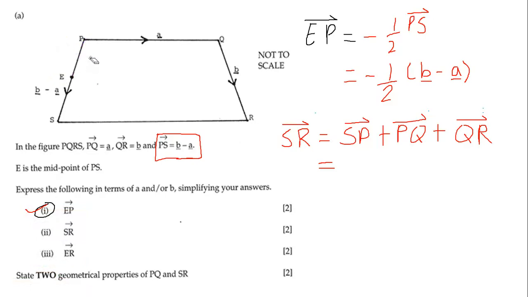PS is B minus A, but SP, let's make that very clear. SP is heading in this direction, okay? And PS is heading in that direction. So SP is going to be negative B minus A, all right? Because it's heading in the opposite direction. So it's going to be negative B bar minus A bar.